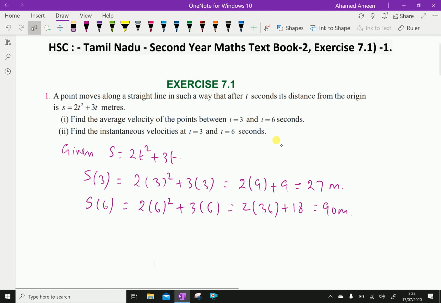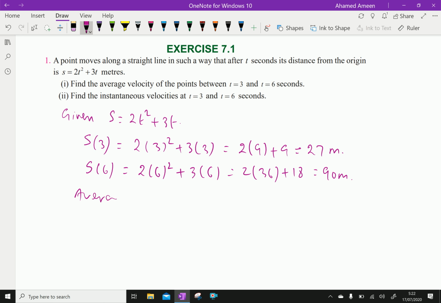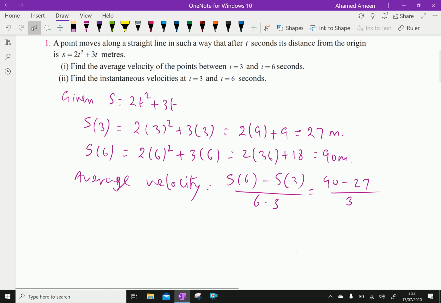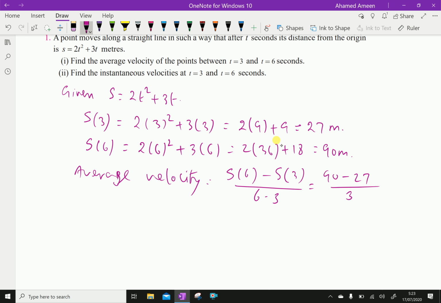Now average velocity is distance covered, that is s6 minus s3 over 6 seconds minus 3 seconds, which is equal to s6 is 90 minus 27 over 6 minus 3 is 3, which is equal to 63 over 3 equal to 21 meters per second.